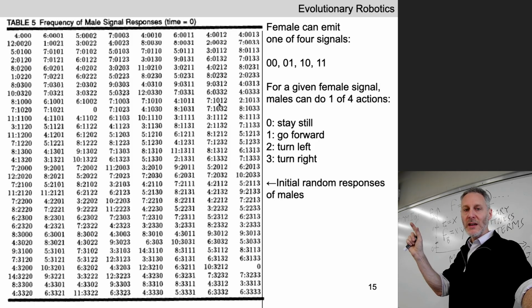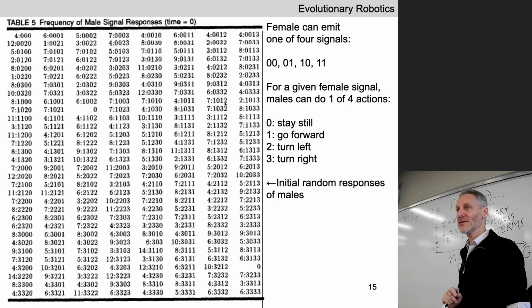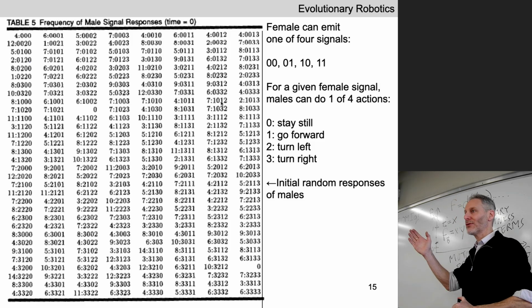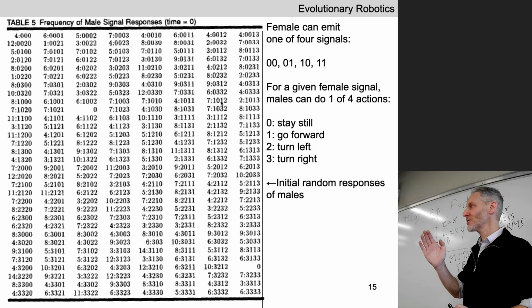They go forward. When they hear the second song, 0, 1, they do 0. Stay still. When they hear the song 1, 0, they do 1. They go forward. And when they hear the fourth and final song 1, 1, they do 2. Turn left. So by reading off the 4 digits on the right-hand side of the colon, it completely characterizes the behavior of a set of males. Everybody see that? A little confusing to read.